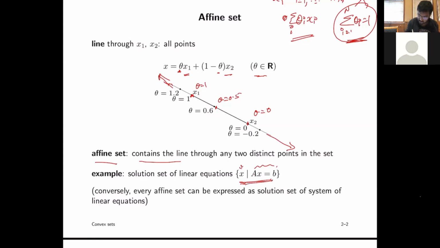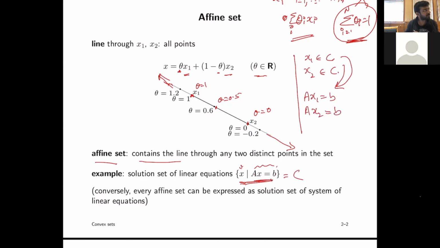Because let's consider X1 belongs to C, X2 belongs to C. Let's call this set C. That obviously means Ax1 equal to B, Ax2 equal to B, right? Because X is in C, it should satisfy this equation.